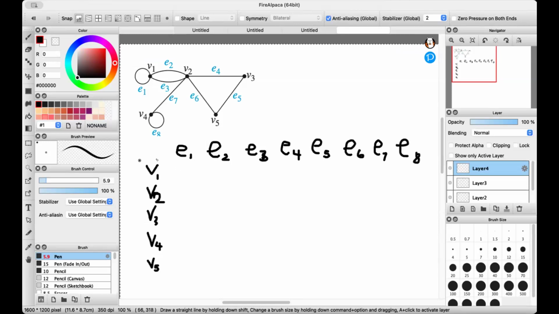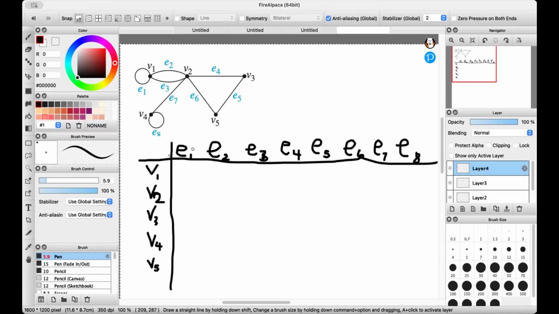Okay, this is just the labeling so far. It's not the matrix itself. Okay, so for each index, I put down a 1 if this particular edge is incident to this particular vertex. I keep saying vector.